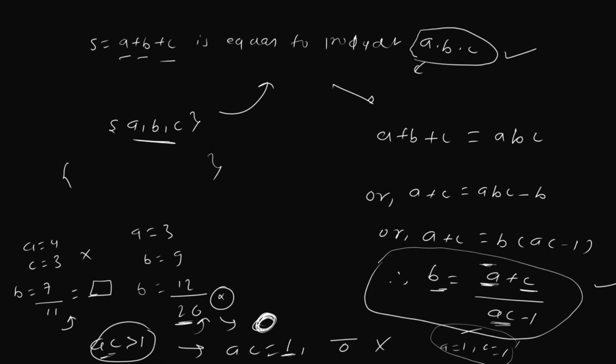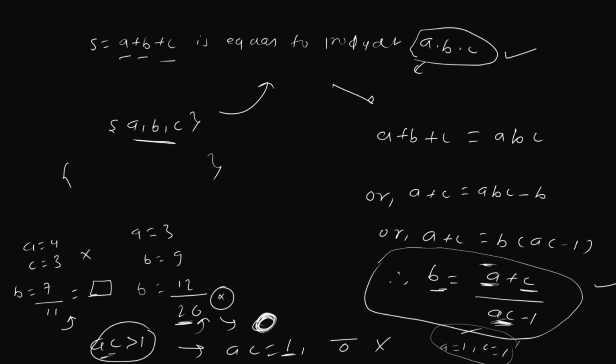So what else can we have? What are those two values whose product is either the same as the sum or less than the sum? Except one.